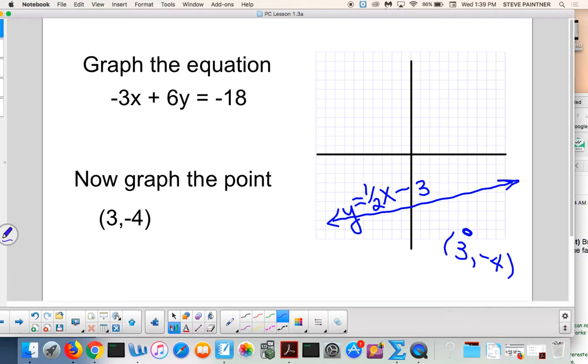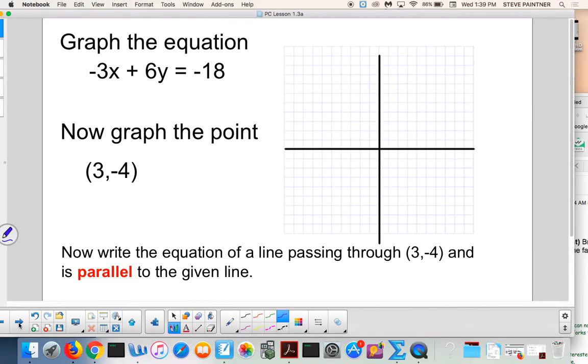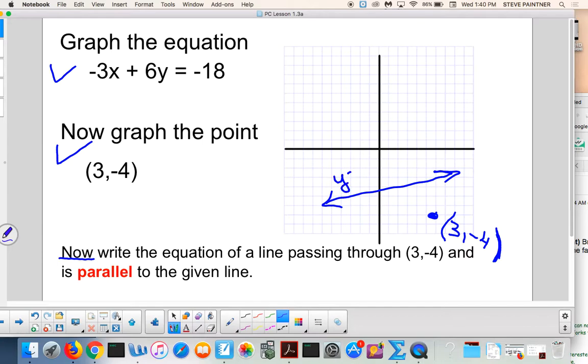Next slide is, this might be a little harder. You did this. You did this. Now do this. Write the equation of a line passing through the point 3, negative 4, and is parallel to the given line. Okay, so here's what you have. You have this. You have this, 3, negative 4, okay, and you know this is the equation.